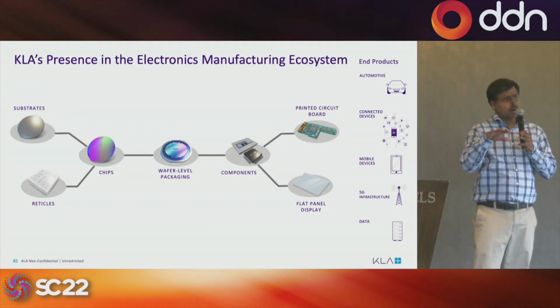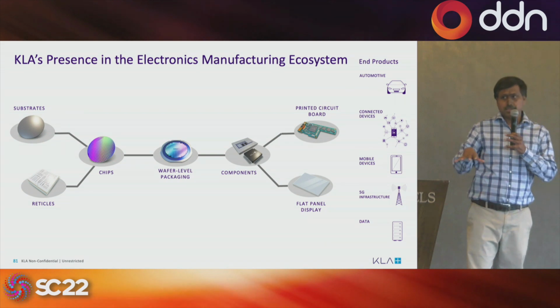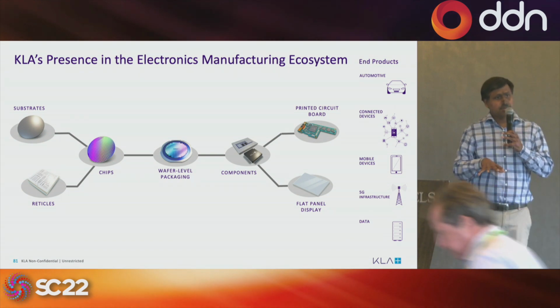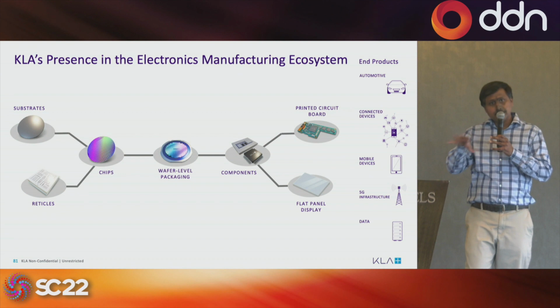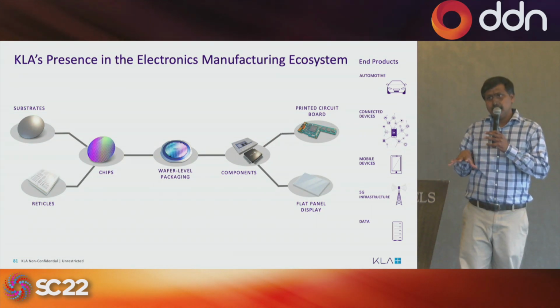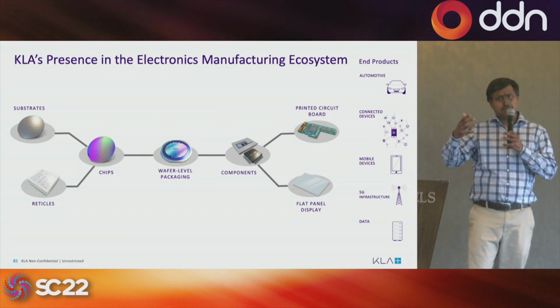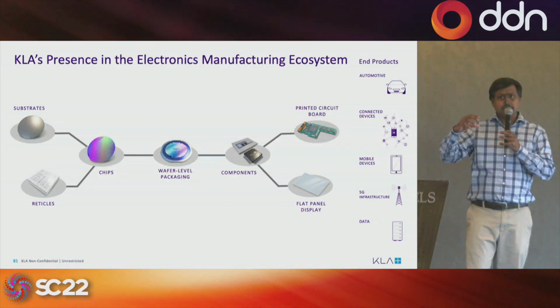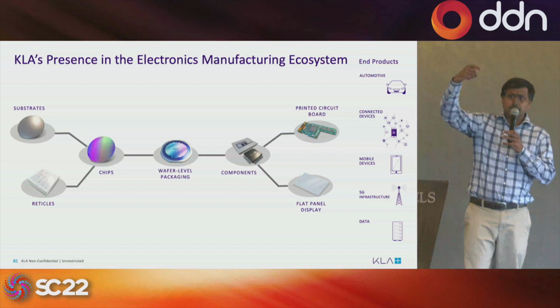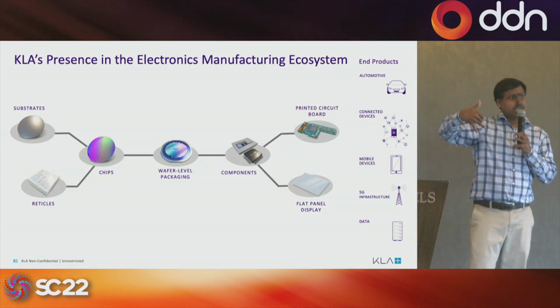Is it uniform throughout the die, throughout the layout of the die? They need to see the geometry of this layer. Once they etch and make pillars and columns of materials, they need to measure the thickness of the column at the top, at the bottom, in the middle, and the height of the column.